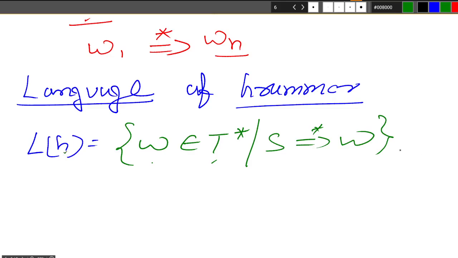By replacing S with something and those symbols with something, you can reach w. Then such w are part of this particular language.